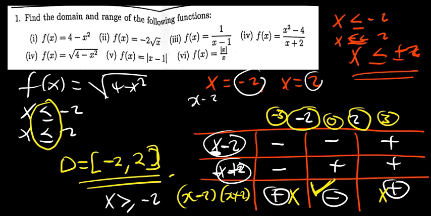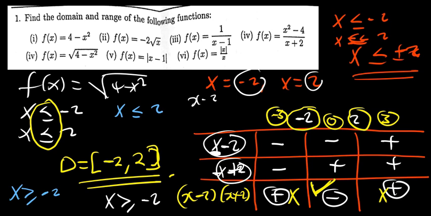Listen, the meaning here of what we have is this: x is greater than or equal to negative 2, but again, x is less than or equal to 2. That's the meaning.